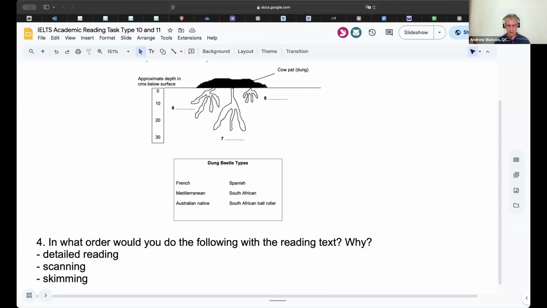Skimming is like reading quickly for gist, the general idea. And detailed reading is reading closely, at the word level.